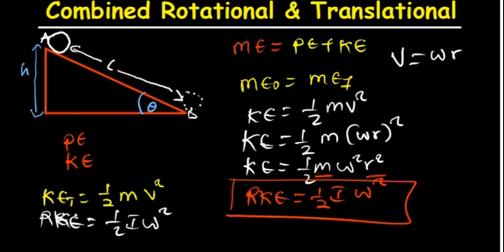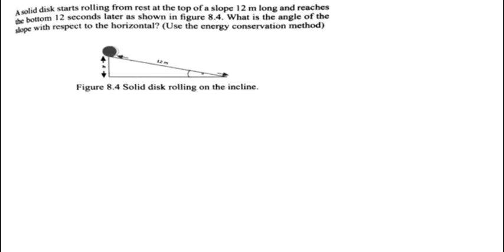Now, I've got a few questions which you have to work on. The first question is: a solid disk starts rolling from rest at the top of a slope 12 meters long and reaches the bottom 12 seconds later, as shown in the figure below. What is the angle of the slope with respect to horizontal? Use the energy conservation method.